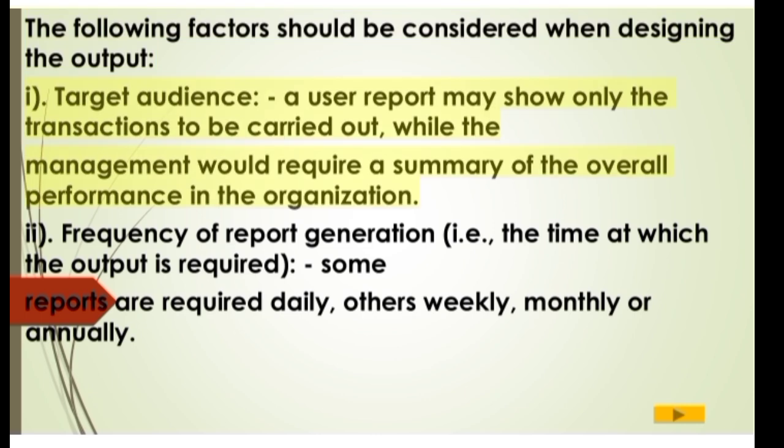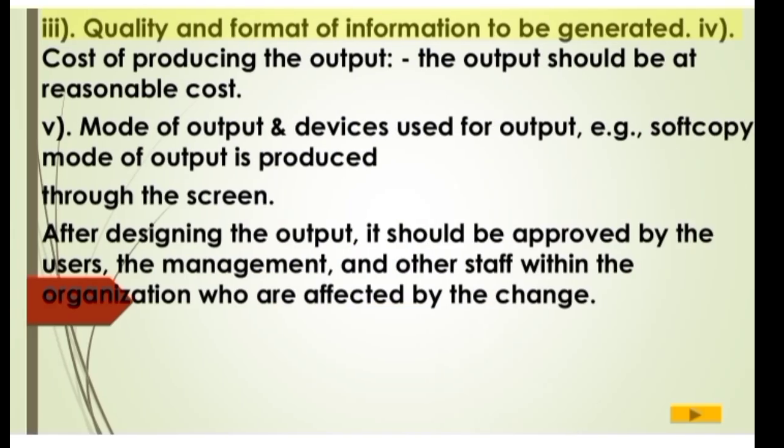I. Target audience. A user report may show only the transactions to be carried out, while the management would require a summary of the overall performance in the organization. II. Frequency of report generation, i.e., the time at which the output is required. Some reports are required daily, others weekly, monthly, or annually. III.